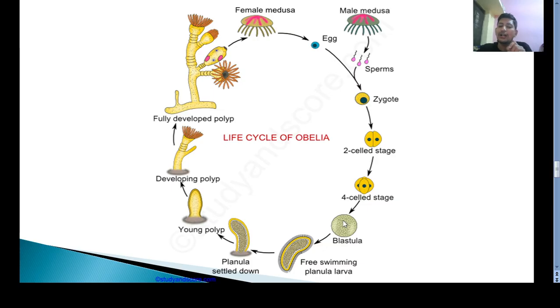The gastrula, it becomes somewhat elongated, and it develops cilia on its outer layer. Now it is called planula. And what is the unique character of planula? It is a free swimming stage in the life cycle of Obelia. Okay, so life cycle of Obelia, reproduction of Obelia, life history of Obelia, all the three are same.